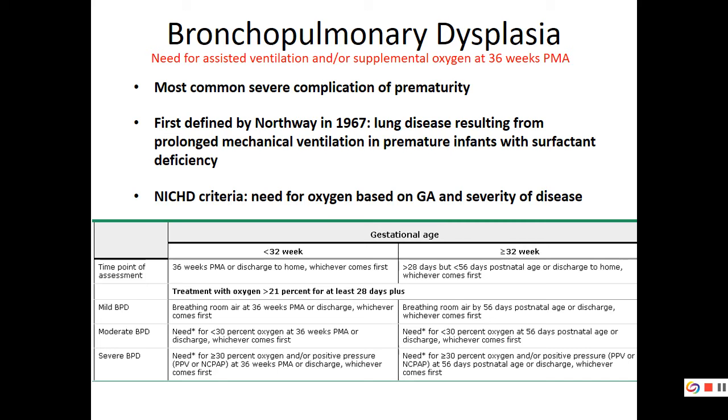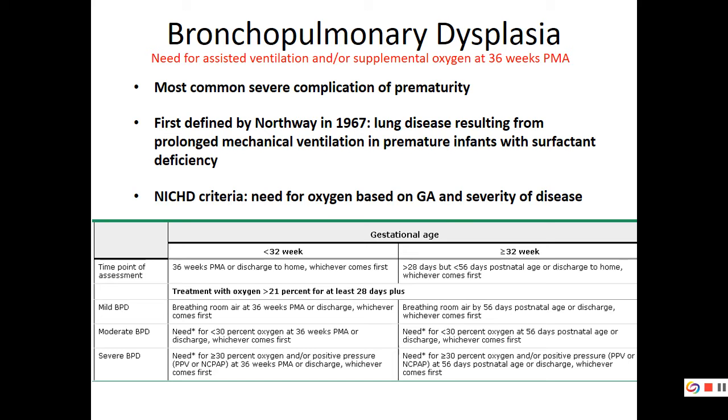So on the less than 32 week infants, if you have a baby who is born at less than 32 weeks gestational age, when they reach 36 weeks corrected age or discharged to home, whichever comes first, then you have to look at what their oxygen requirement is.